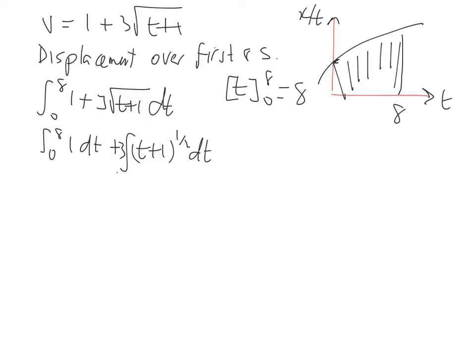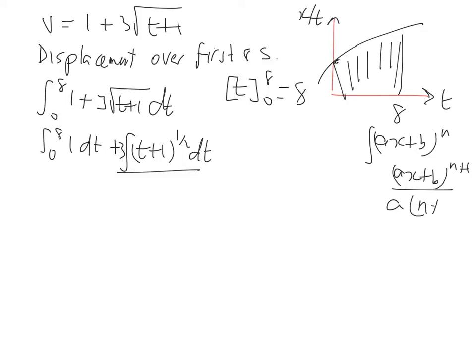So now we're going to worry about the rest of it. We're going to anti-differentiate this. Remember, we have to use our rule: ax plus b to the power n becomes ax plus b to the n plus 1, over the coefficient of x times n plus 1.